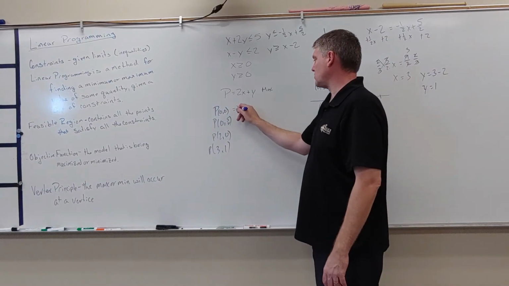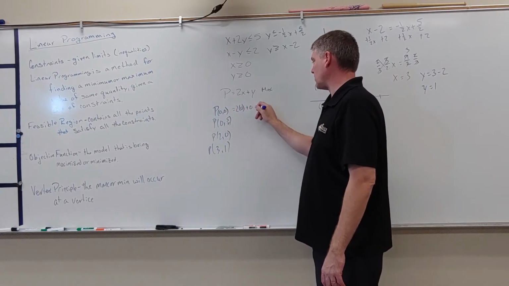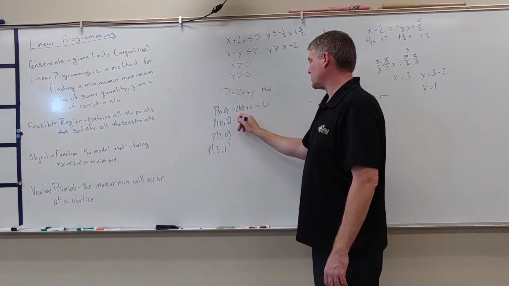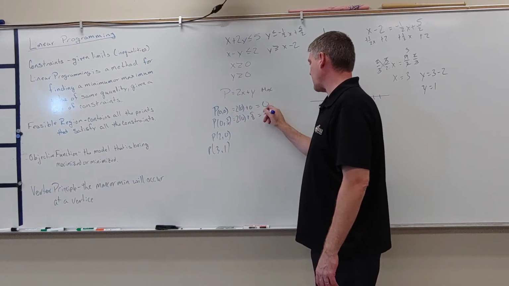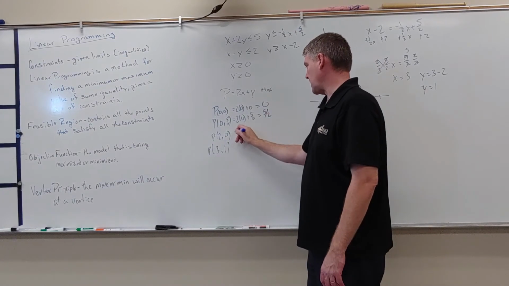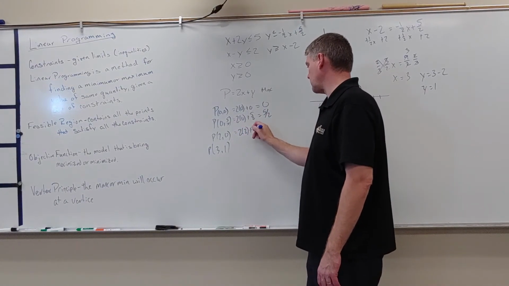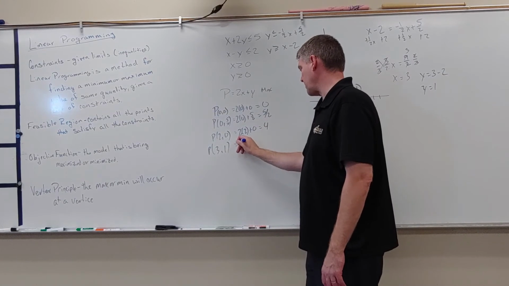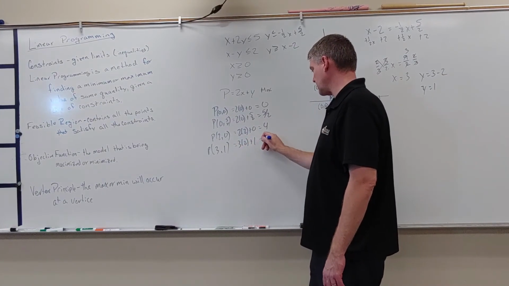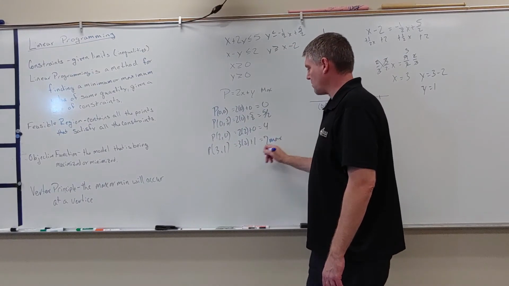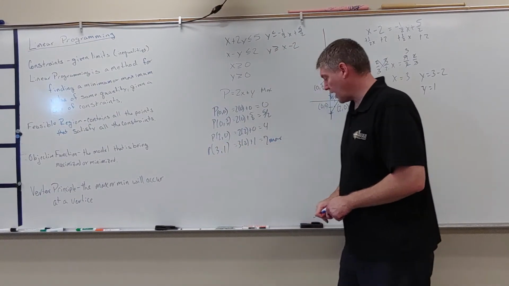So this is 2 times 0 plus 0, which is 0. 2 times 0 plus 5/2, which is 5/2. Then I have 2 times 2 plus 0, which is 4. And then I have 2 times 3 plus 1, which is 6 plus 1, which is 7. So our max is at 3, 1.